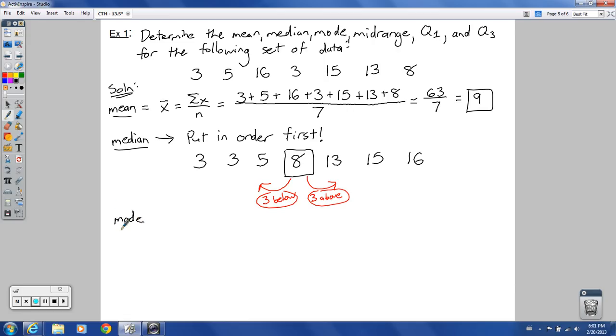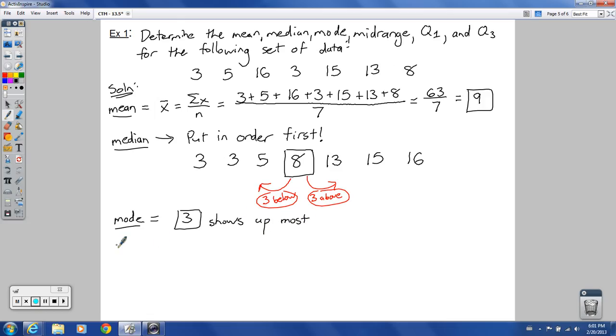Mode. What shows up the most? 3 does. 3 shows up twice. After you put it in order, it's even easier to tell that that's the mode. 3 is going to be the mode, because it shows up most.